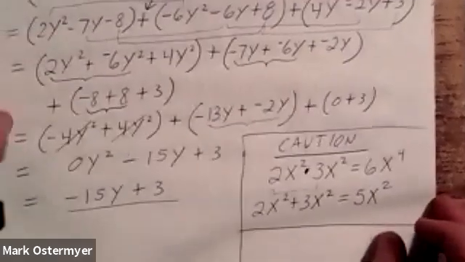All right. So I'm going to give you a couple of problems to work with here. I'm going to see if you can do these. We'll call this classwork number 2. Simplify.